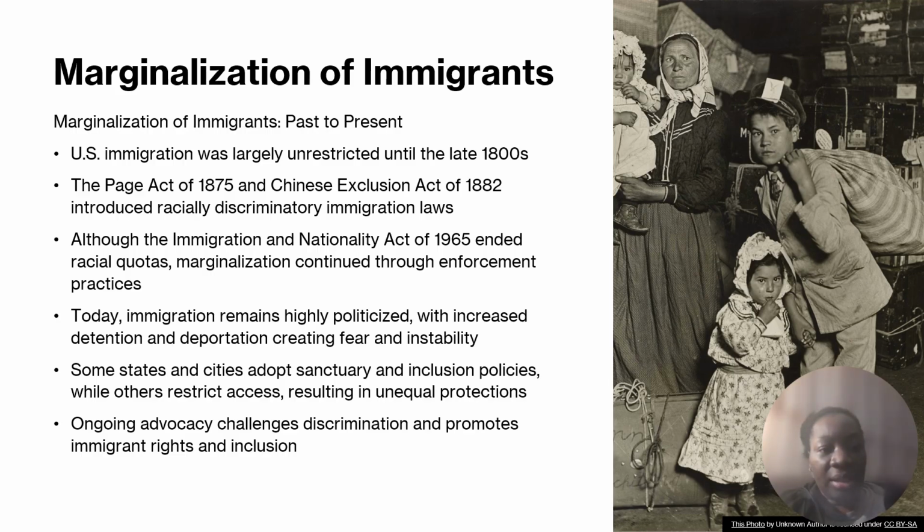Although the Immigration and Nationality Act of 1965 ended racial quotas, marginalization continued through enforcement practices. Today, immigration remains highly politicized, with increased detention and deportation creating a fear of instability.